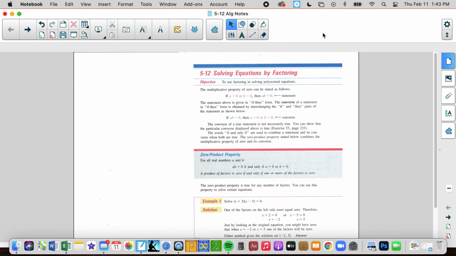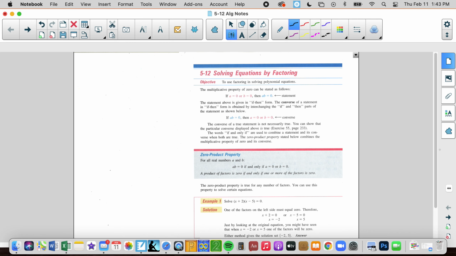Today, we are going to learn section 5.12, solving equations by factoring. One of the things that we will notice that is different is that throughout chapter 5, we've been dealing with expressions.